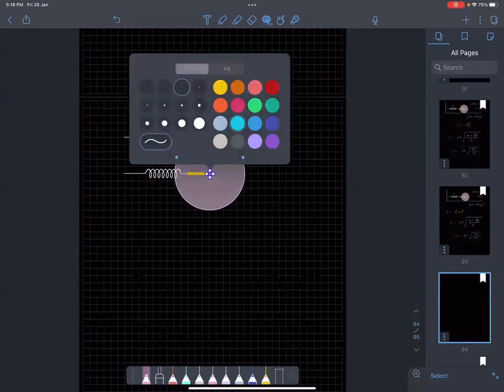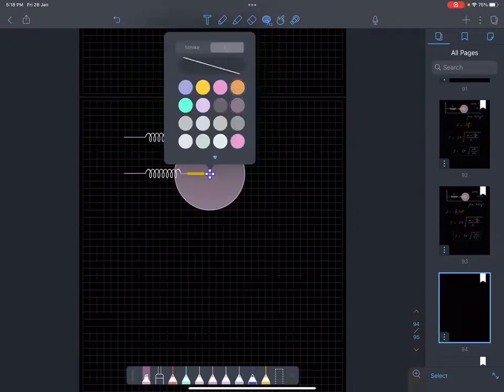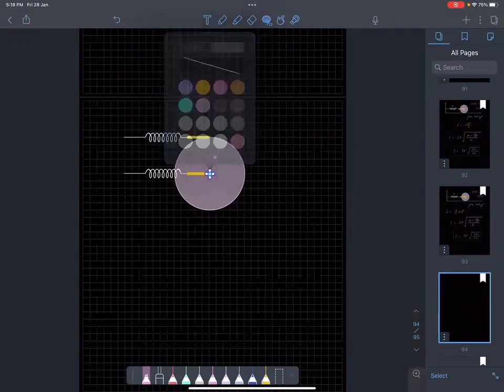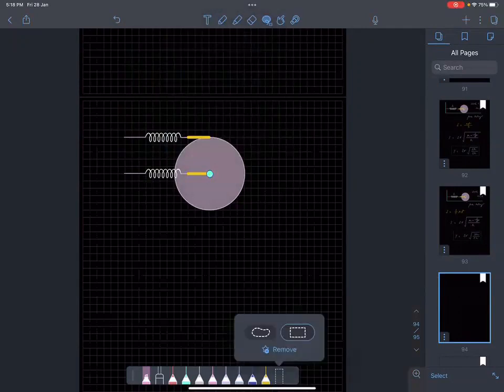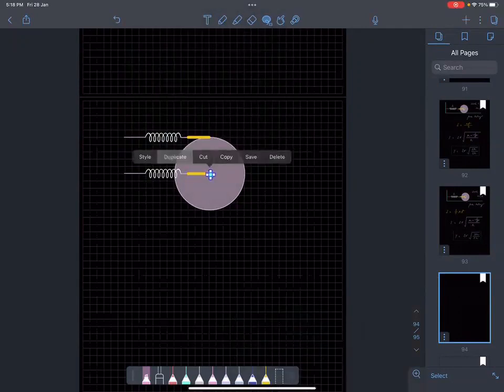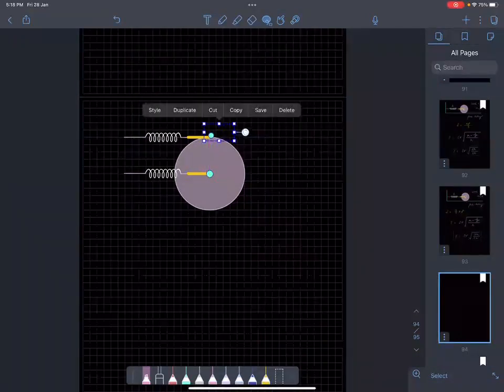Let me get a different color. Another is at the top, here. Clear?